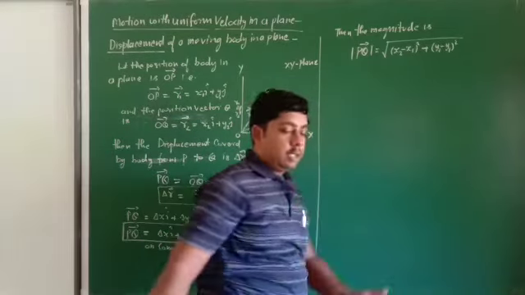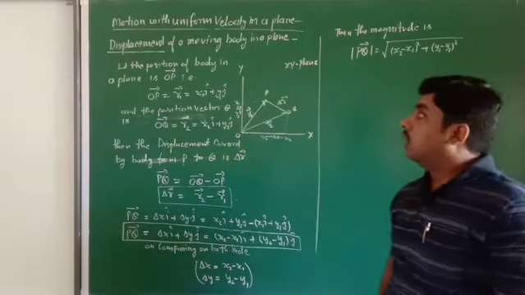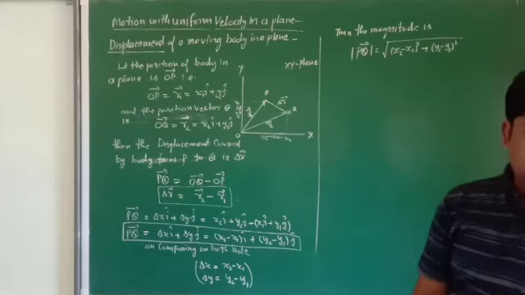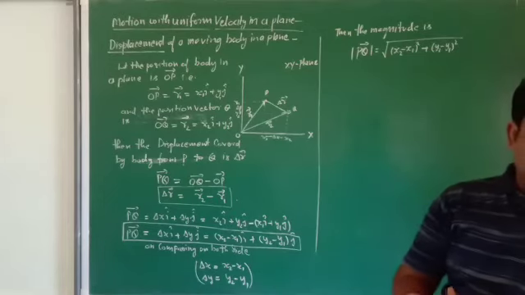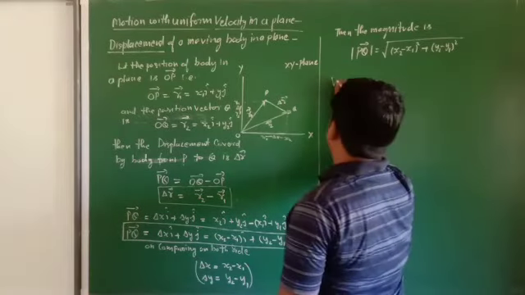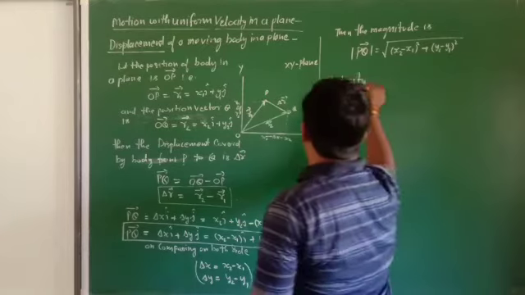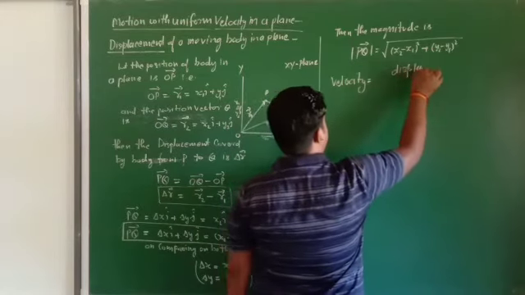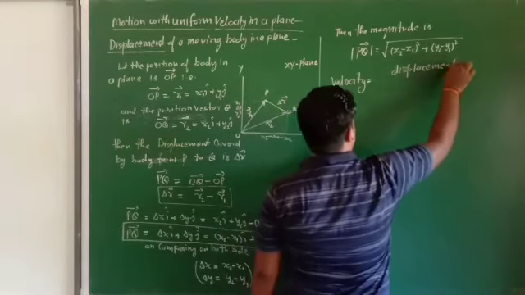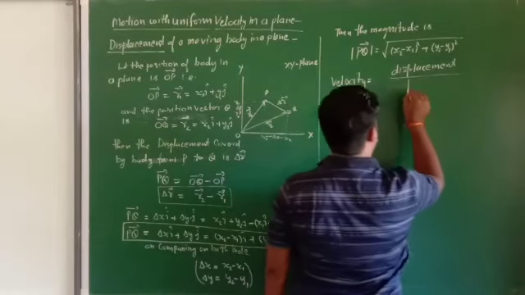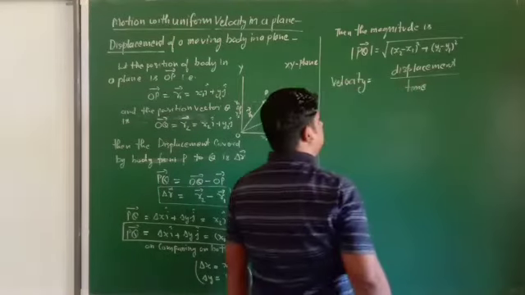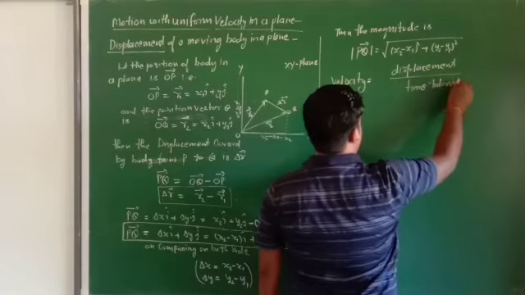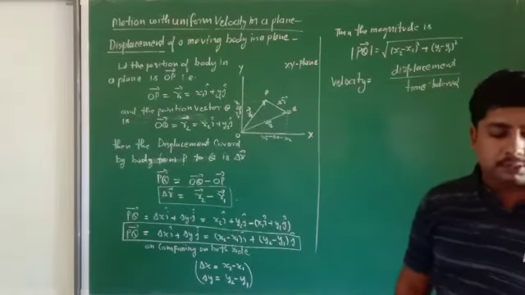So now if we consider the velocity of the body which is moving in the plane, for that we have the equation for the velocity. Velocity is equal to displacement upon time interval.